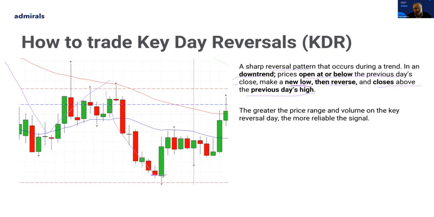Here's the important thing: it pushed to a new low, my apologies, and then price reversed, rocketed all the way up and closed higher than the high of the previous candle. In fact, in this case, it closed higher than your three candles. And that was a bullish key reversal.